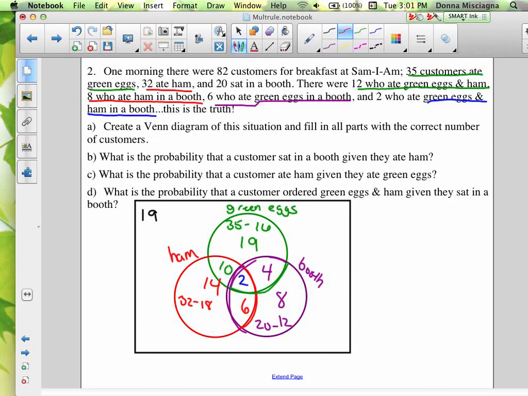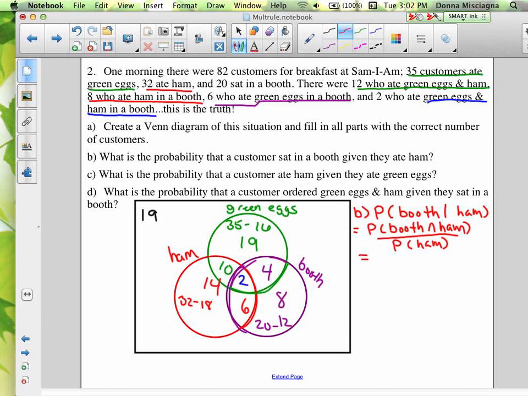Because A was make the Venn diagram. So B is find the probability that a customer sat in a booth given they ate ham. So this is B, the probability of Booth given ham, which is equal to the probability of Booth and ham divided by the probability of ham.